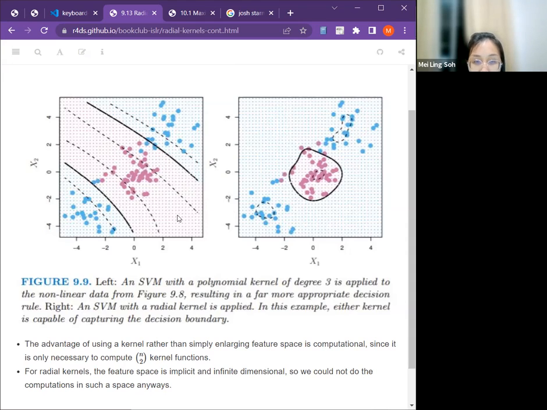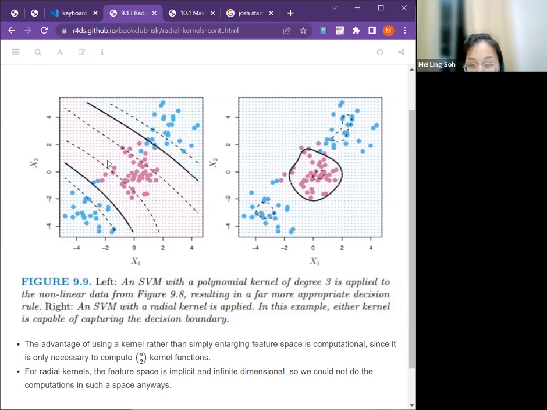They are both non-linear data, so they're using different kernels. The conclusion is that both seem to be able to capture the decision boundary quite well.